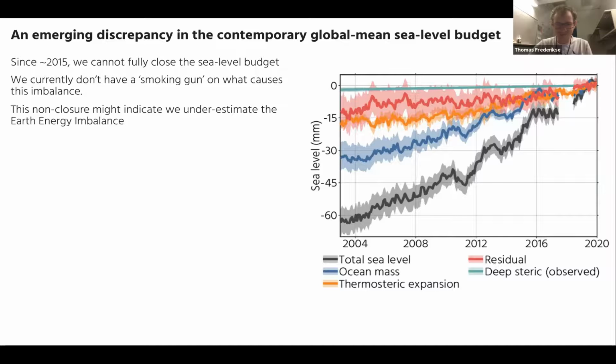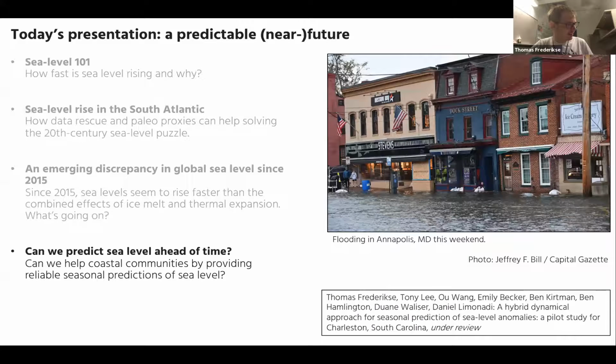And from that, I'll quickly peek into the very near future, and this is actually pretty current. This is a picture of Annapolis, close to Washington, DC, which had serious tidal floods this weekend.